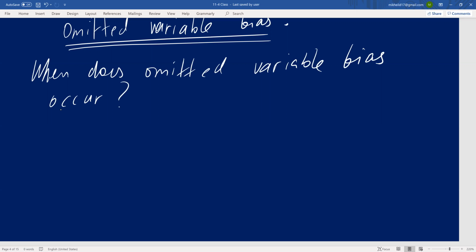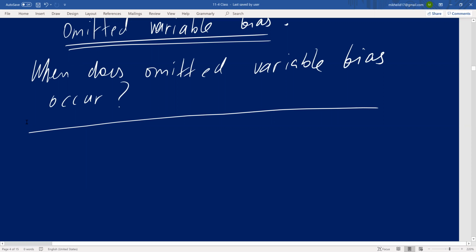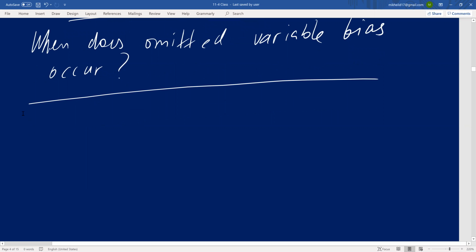Can you tell me when does omitted variable bias take place? When, to rephrase my question, when is it problematic to omit a variable from the model? To omit an independent variable from the model? When it's not equal to 0? No, but is not equal to 0.